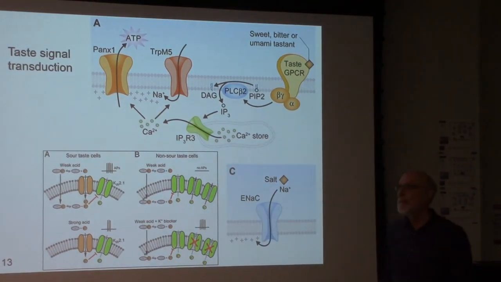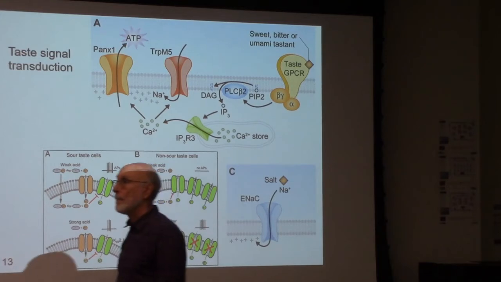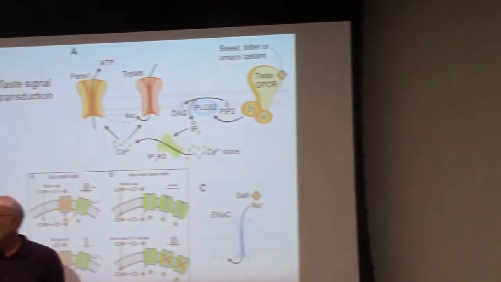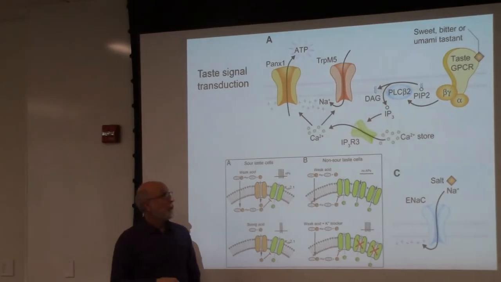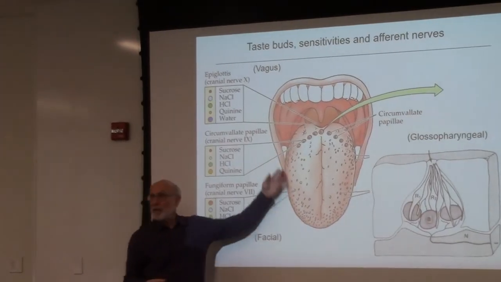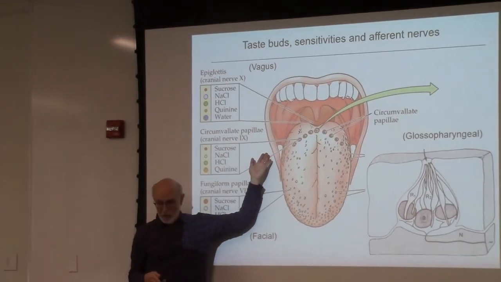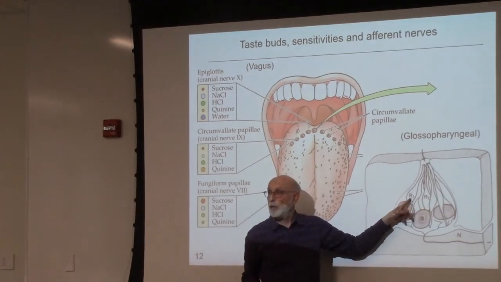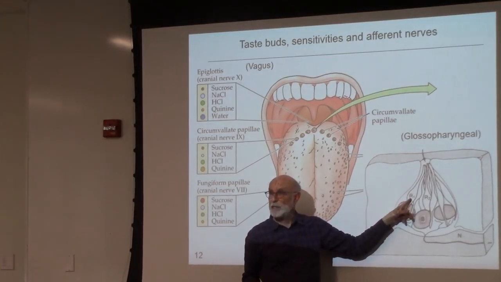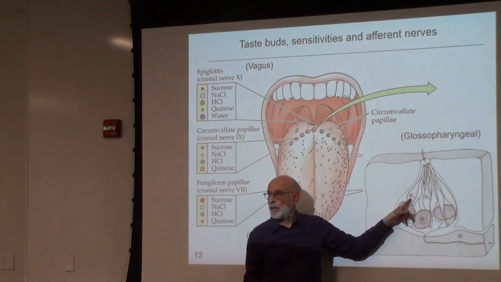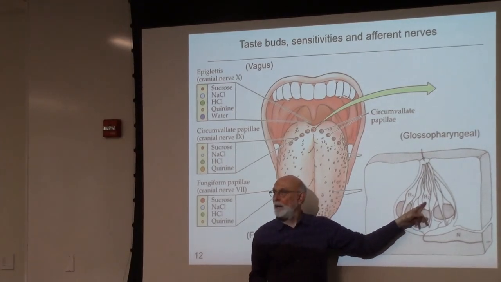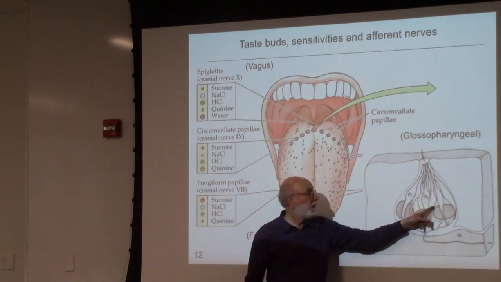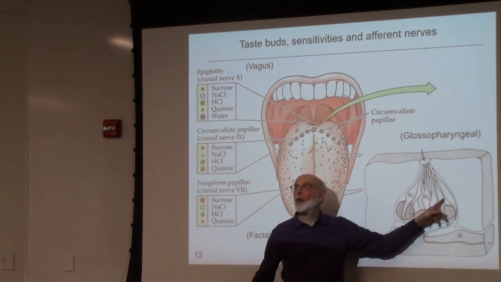So different receptors cause depolarization and more calcium influx? Right. How do you distinguish between different receptors? They're expressed on different cells. This receptor cell expresses umami receptors, and this receptor cell expresses sweet receptors, and this receptor cell expresses sour receptors.